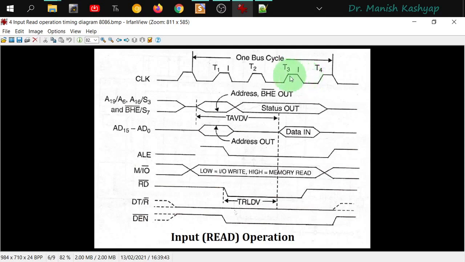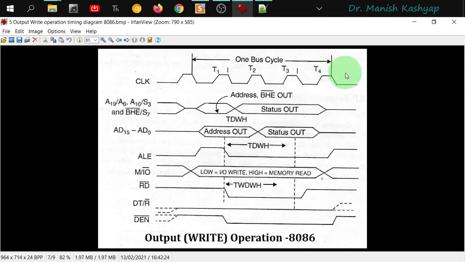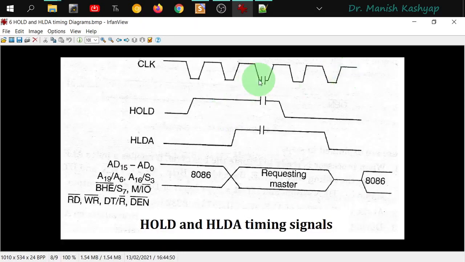So in that case, you might introduce some additional T states which are called TW states. This is T1, T2, T3. Then you can have as many TW states as is required. Then you will have a T4 state. So here you can see that in this whole diagram that I have shown you, this is the way of implementing a TW state. So some TW states can be implemented anywhere if it is required.